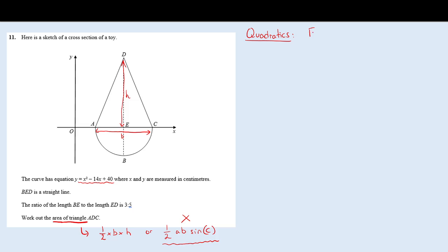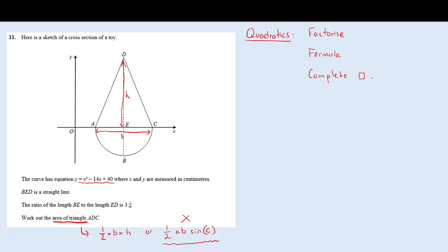Well, with quadratics, we can factorize them. We can use the formula. And we can complete the square. Now, at this stage, it might be useful for us to think, what do each of these things do? Completing the square can be useful for finding your turning point or your vertex, which is all the way down here.